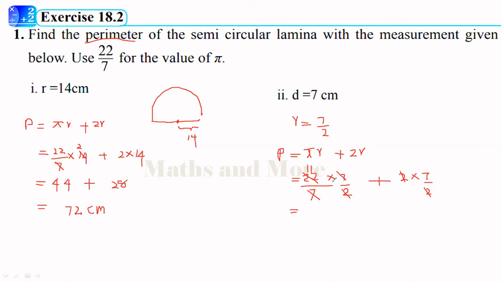Therefore, don't add these two together. Now 11 plus here 7. So what is the answer? 11 plus 7? 18. The unit is centimeters.